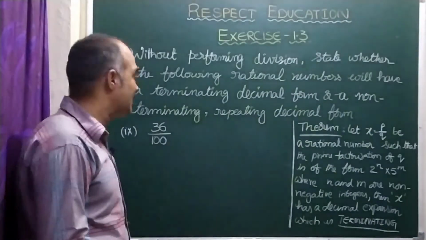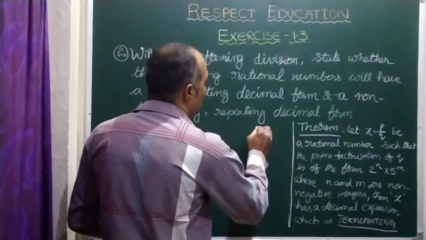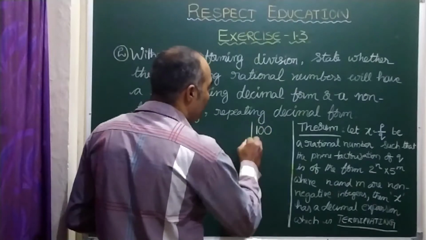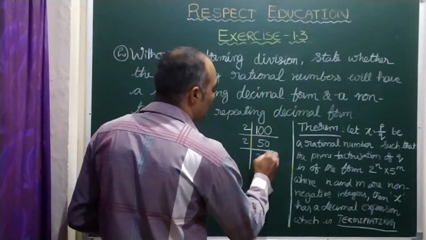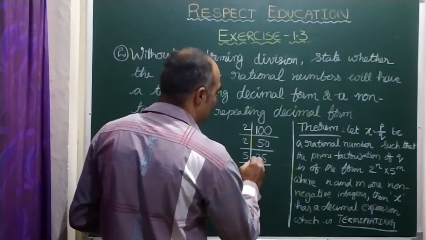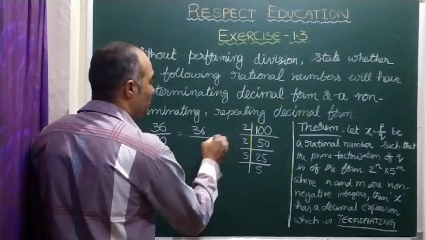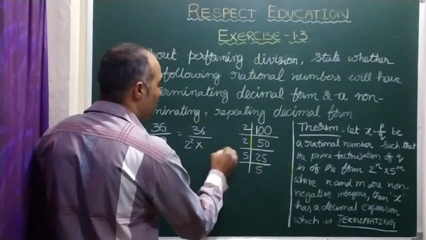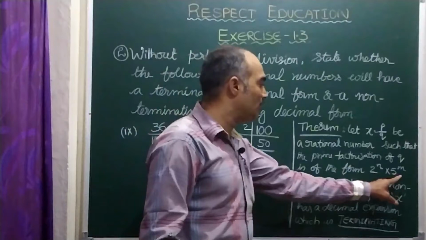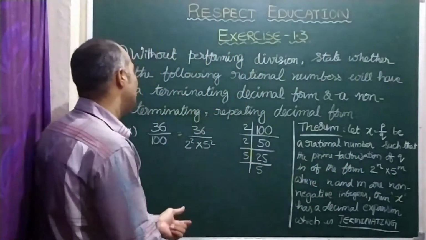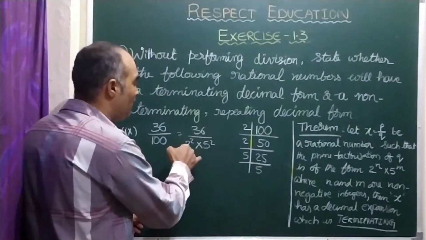Now let us see the next bit, that is the 9th bit. 36 by 100. Here q is 100. So let us write the prime factorization of q: 2 50s are 100, again 2 25s are 50, now with 5, 5 5s are 25, right? So here it can be written as 36 by 2 into 2, 2 square, into 5 into 5, 5 square, right? So it is of the form 2 power n into 5 power m, so it is terminating. And sometimes, children, even 2 square is 4, so you can cancel 4 with 36.